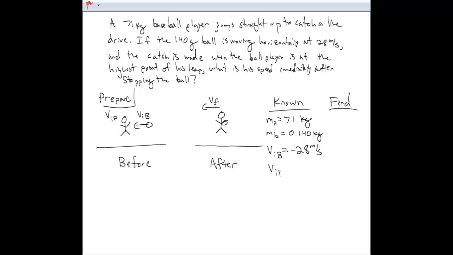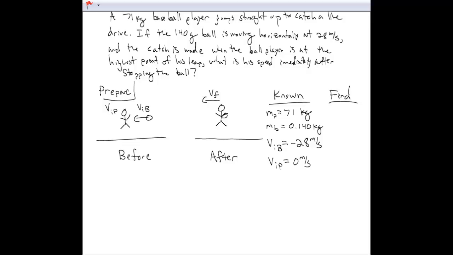The initial velocity of the player is just 0 meters per second. This is the assumption where he's jumping straight up in the air. He's not moving horizontally, and he's not moving vertically either, because he's at the highest point of motion. What we want to find is the final speed of the baseball player and the baseball after the collision.